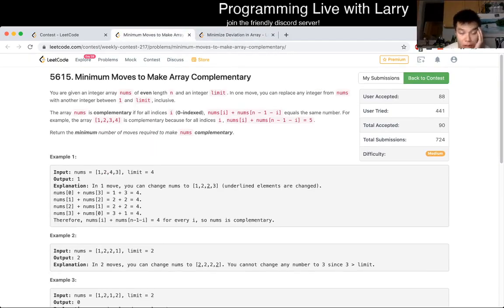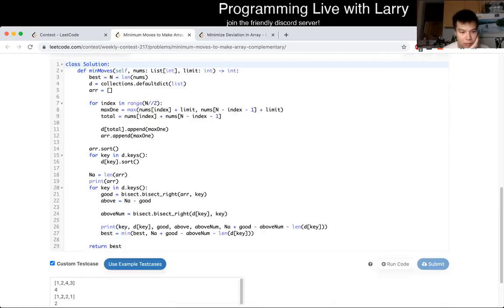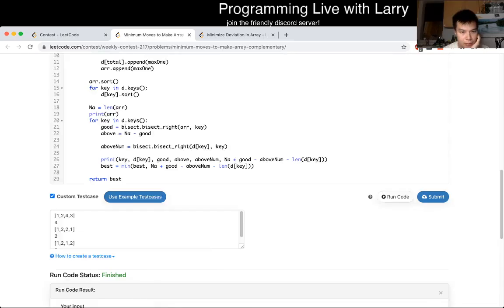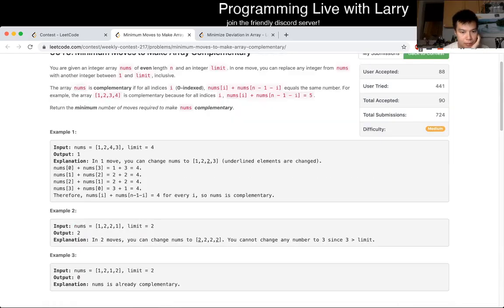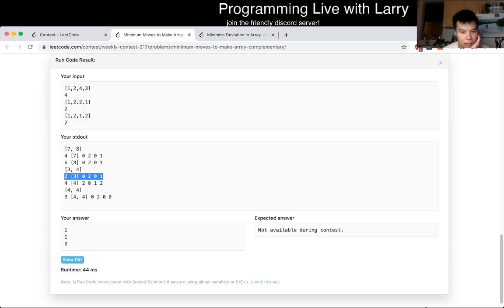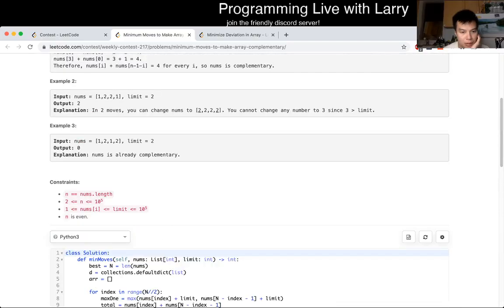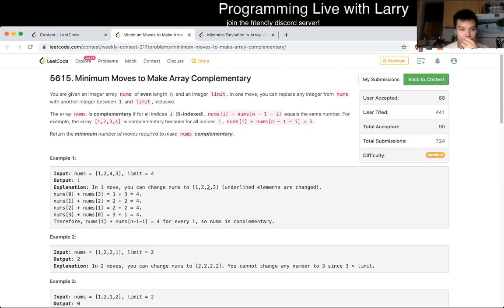So much time on it. Should be 2. Let me see if I can.